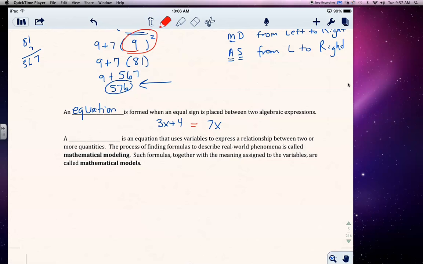So when you look at your exams, tests, or homework, make sure you understand whether you have an expression alone. An expression alone would just be the 3x plus 4. That would be an expression. In equations, you have an expression equal to another expression, and that's really hard for a lot of students to see.